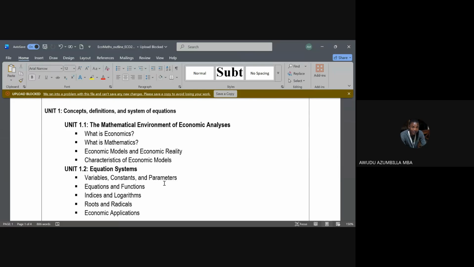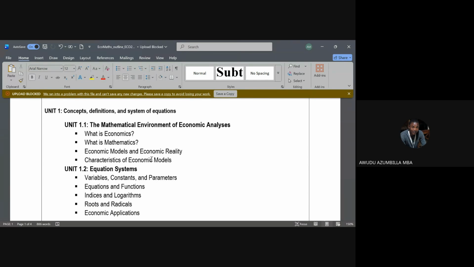Now, the first unit we are going to look at is concepts, definitions, and systems of equations. So we're just going to run through some basic concepts, some definitions, some terminologies, some systems of equations that you need to know. Okay, that is the first thing.